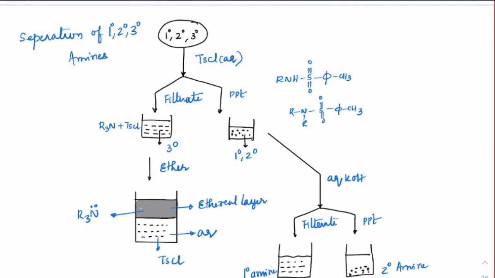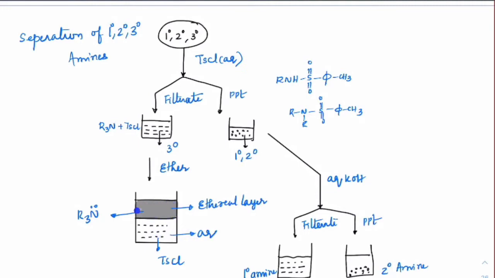Now we have 3 degree here, that is separated out anyway, we don't have to work out anything for that, correct? So in case you want to remove that from TsCl, even if it is sparingly mixing, just add some amount of ether to it. So slowly R3N will completely come into the ethereal layer because it is more soluble in ether as compared to aqueous solution.